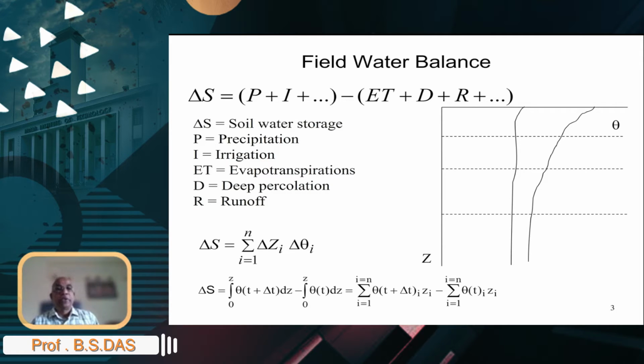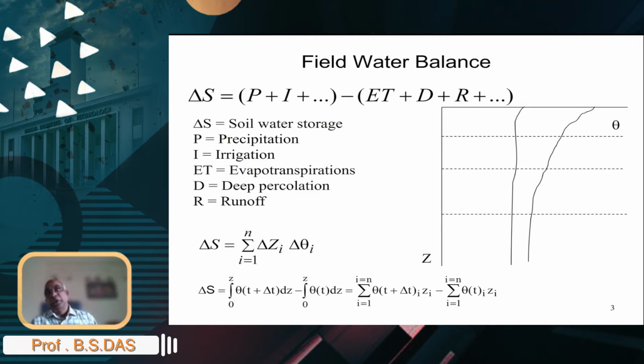Then, of course, we have the irrigation water. We also sometimes have water flowing into the soil laterally. And so these are the different ways that water is added to the soil.